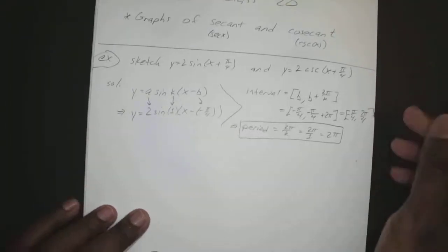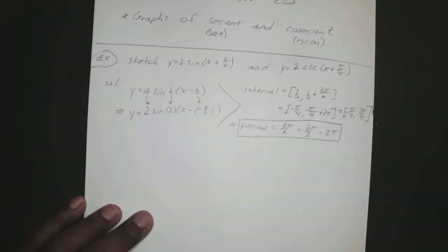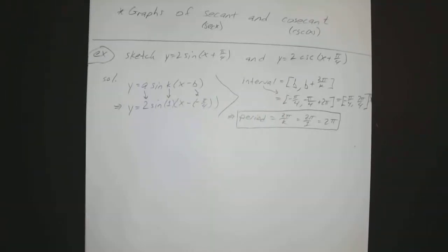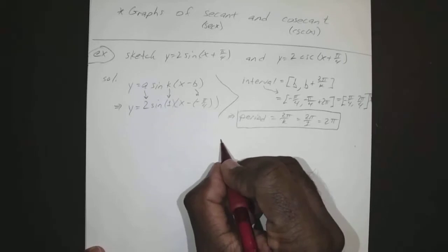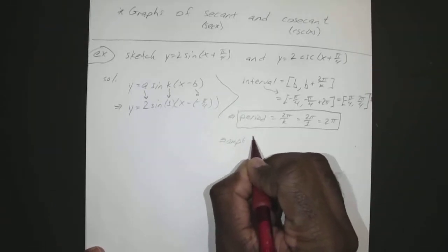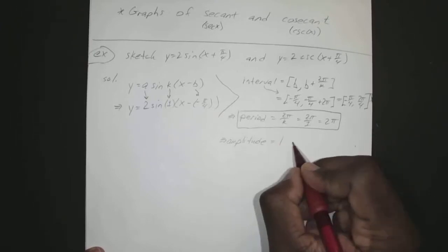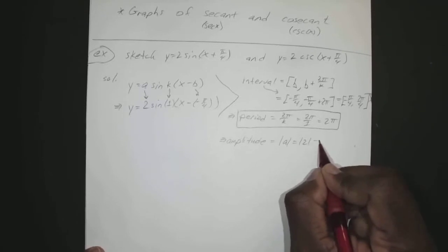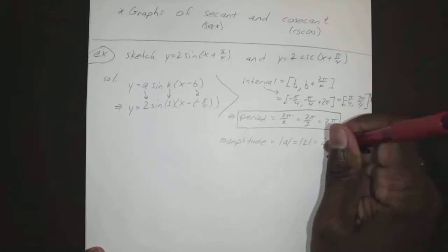Clean all that up. There we go. Okay, so we know our interval. That means we know where our graph will start and where it'll stop. The period just tells you how wide one cycle is, so one cycle of the sine graph will be 2 pi. We also know our amplitude, which is the absolute value of a, in this case the absolute value of 2, which is 2.